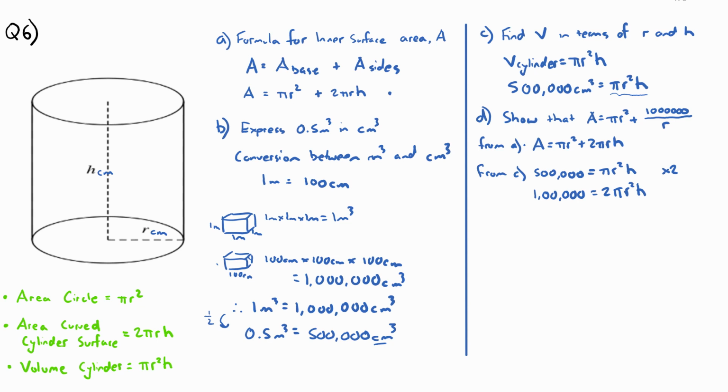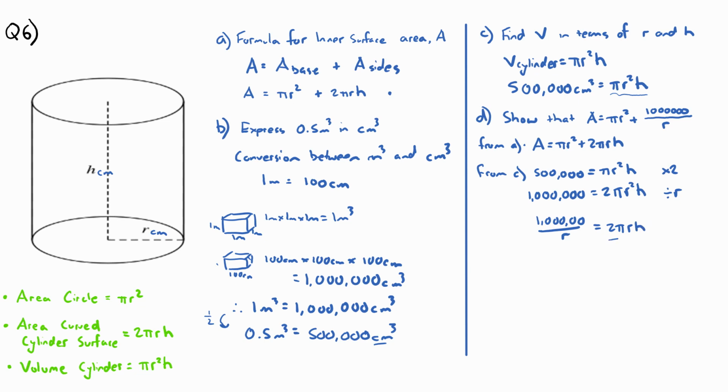Now, what if I was to divide both sides by r? You may be wondering, what's the point of that? But it'll be clear in a second. Sorry, I've missed a 0 out of this number. That should be 1 million. I'm now going to divide both sides by r, and that becomes 1 million divided by r, because I need to divide both sides by r, will equal 2 pi r h.